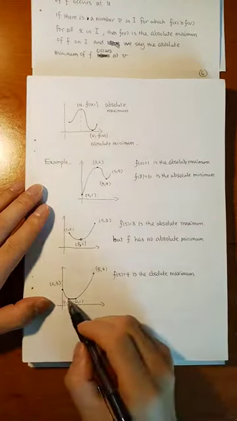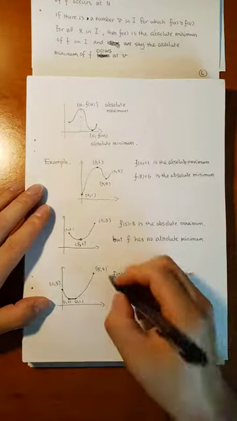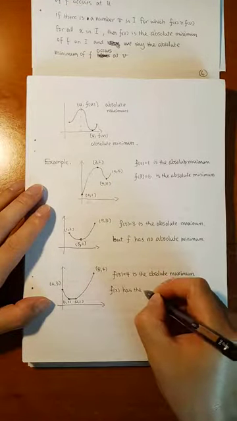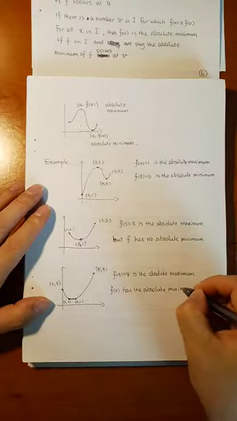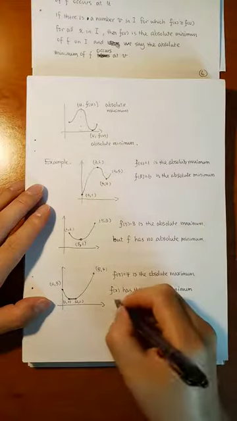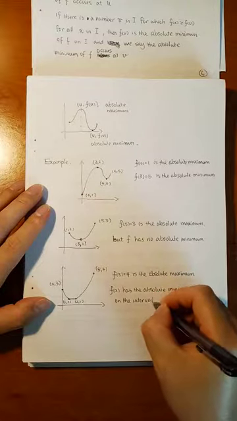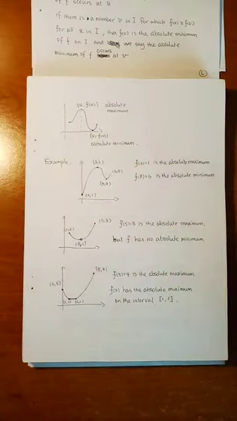And for the absolute minimum, every point on this horizontal segment will give us the absolute minimum. So f(x) has the absolute minimum on the interval [1, 2], every point, because it's a constant. So all the values are the same. They are all absolute minimum values. Okay.